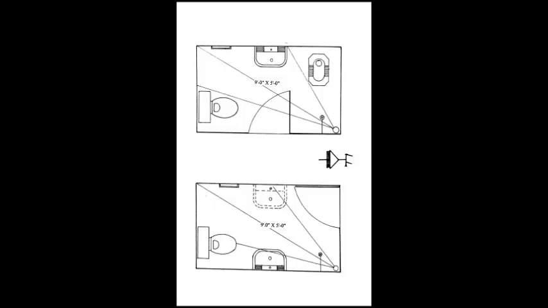And the type 2: doors northwest, shower northeast, wash basin east, WC southeast, wash basin west. This is the alternate position.